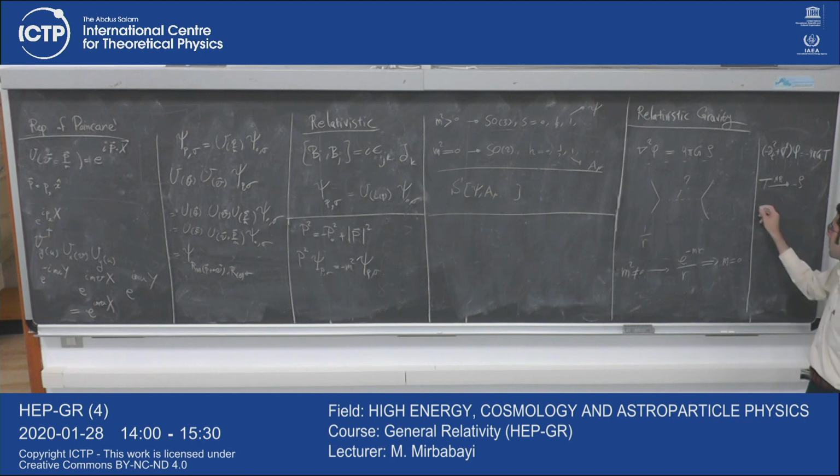In a non-relativistic limit, the 0,0 component of the stress energy tensor is, in general, the energy density. In the non-relativistic limit, it just becomes the mass density. And that dominates over other components of the stress energy tensor. So if I calculate the trace, this T00 in the non-relativistic limit is dominated by mass times number density, and the trace would, in this limit, actually be just rho, the mass density.